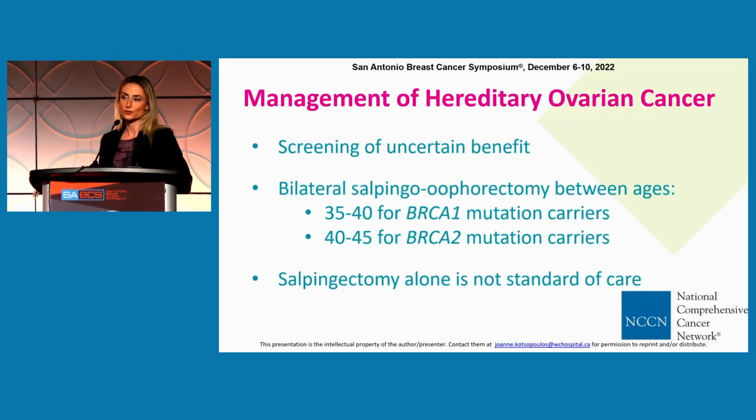So these women are strongly advised to remove their fallopian tubes and ovaries at a very young age, between 35 and 40 for women with the BRCA1 mutation and 40 to 45 with the BRCA2 mutation. We've heard a lot in the literature about the role of the fallopian tubes as the site of origin of a subset of serous cancers, and there is a lot of interest in fallopian tube removal to prevent a subset of ovarian cancers, but this is currently not standard of care in women with a mutation.